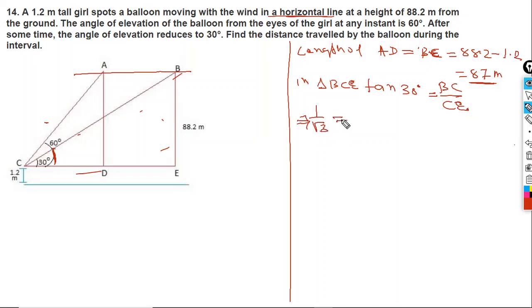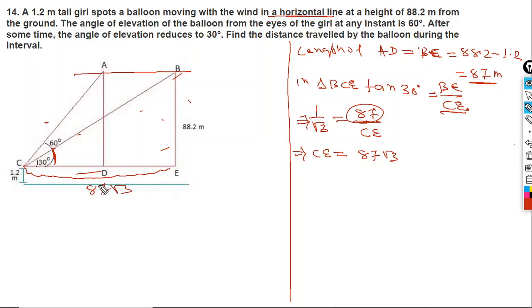So 1 by root 3 equals BE length, which is 87, divided by CE. Look at the figure. It's BE, not BC. So BE is 87 divided by CE. CE we don't know. This implies CE will be equal to 87 root 3. Now look at the figure. This length is 87 root 3.